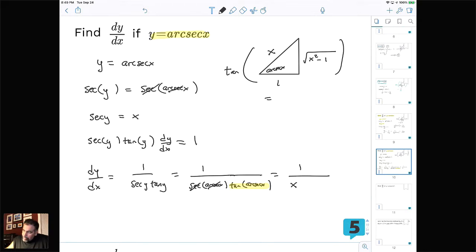And that will equal the opposite side over the adjacent side. But since the adjacent side is 1, this is simply the square root of x squared minus 1. Keep in mind, the reason we're doing this is because we are looking for the tangent of the arcsecant to fill in here. And we have just found the tangent of the arcsecant to be the square root of x squared minus 1.